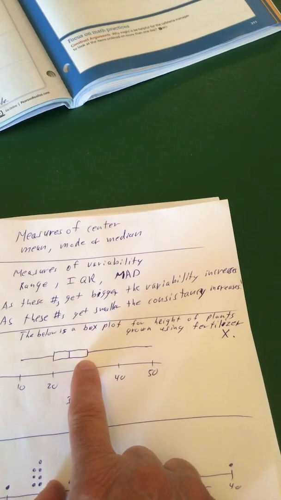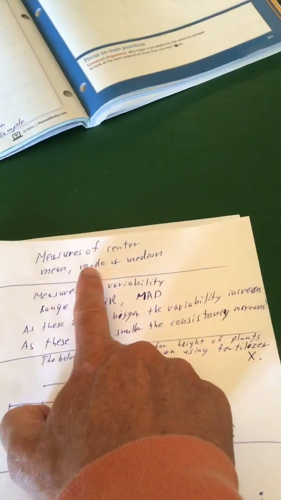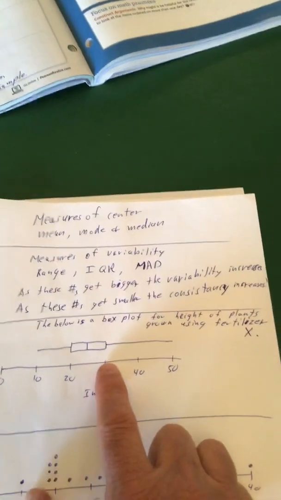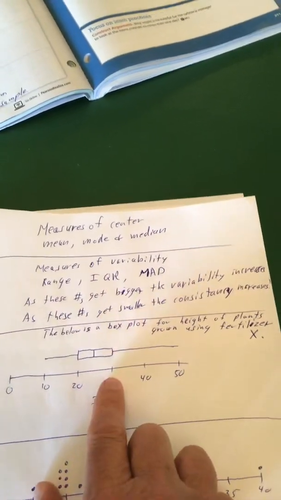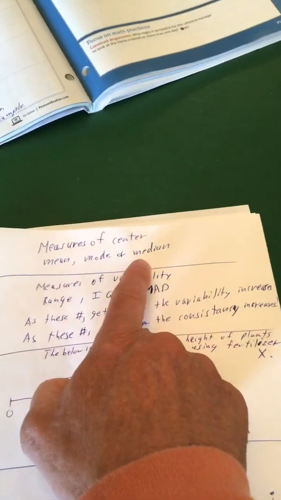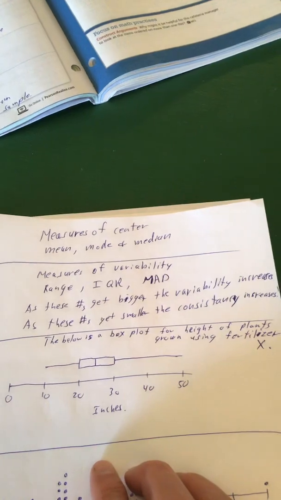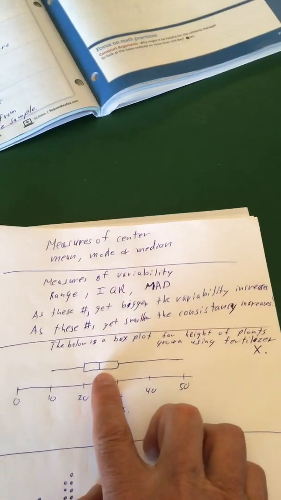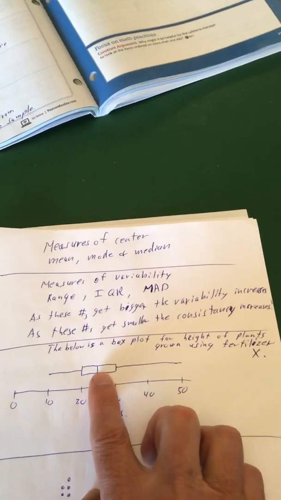All right? So say I just want to do measures of center from this. What's an inference I could make? Well, of the measures of center from a box plot, the only one you can find would be, that's right, the median. You can find the median from a box plot. It's right there.